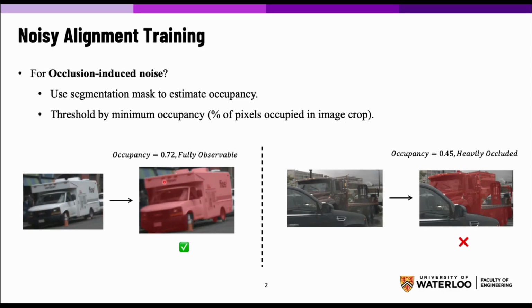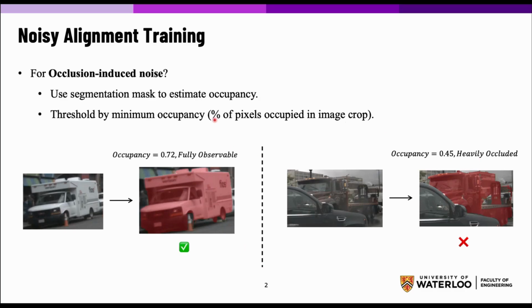Our segmentation mask tells us that this object takes up a significant portion of the pixels in the image crop, and we can label it fully observable. Whereas on the other hand, in this case, there's a flatbed truck, and it's clearly occluded by another vehicle, and because of this, we're able to identify that it's heavily occluded.